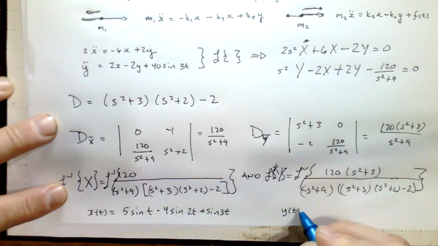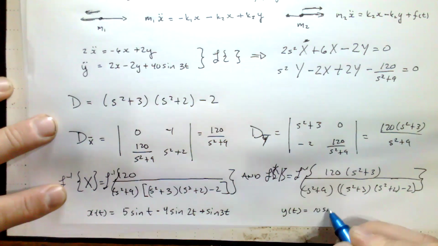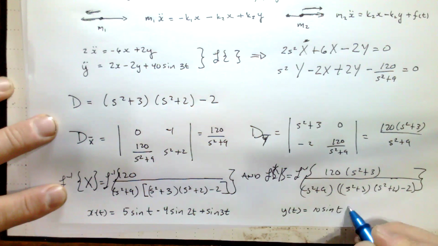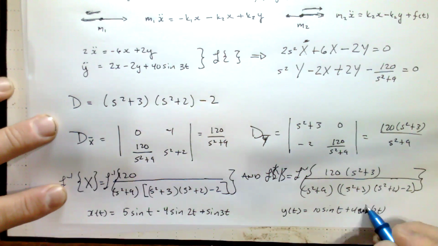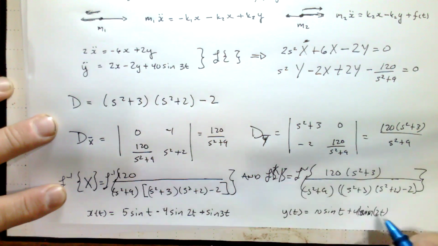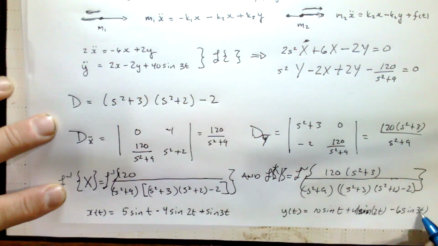And y of t is going to be 10 sine t plus 4 sine 2t minus 6 sine 3t.